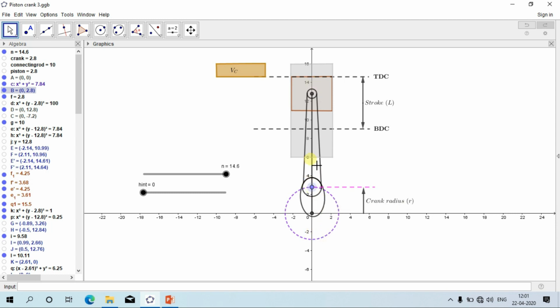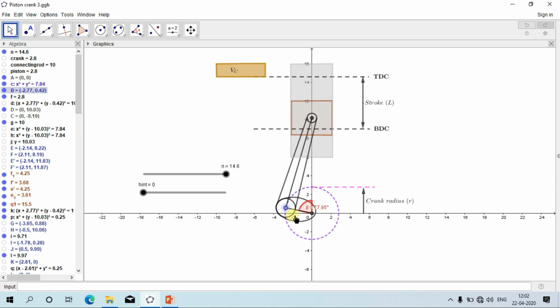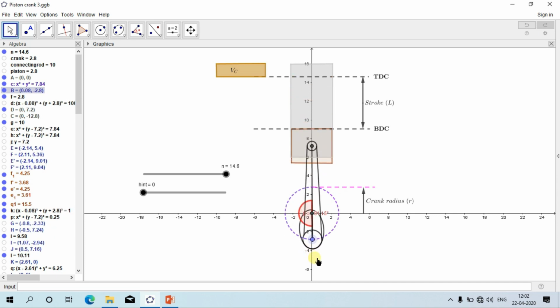In terminology, we say that stroke is equal to 2 times the radius of the crank. Now we will see how. When the piston is at TDC, the stroke length is 0, and we have this position. When the piston moves to BDC, we have this position.